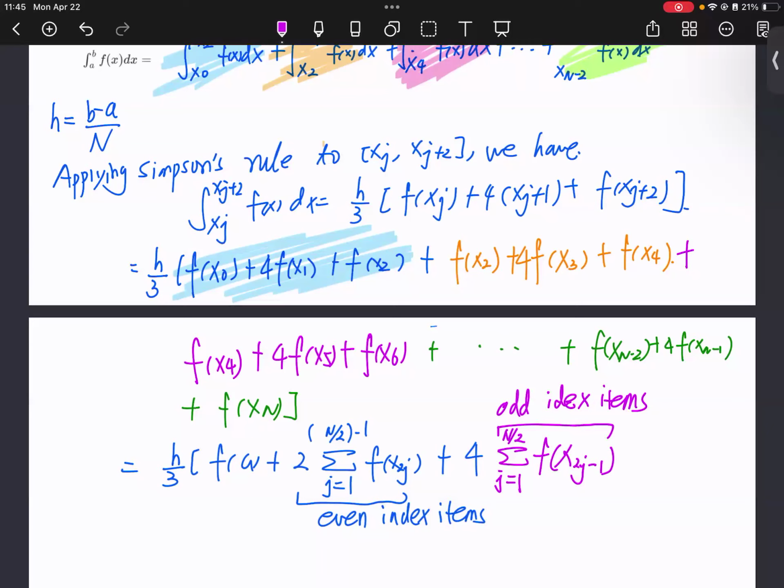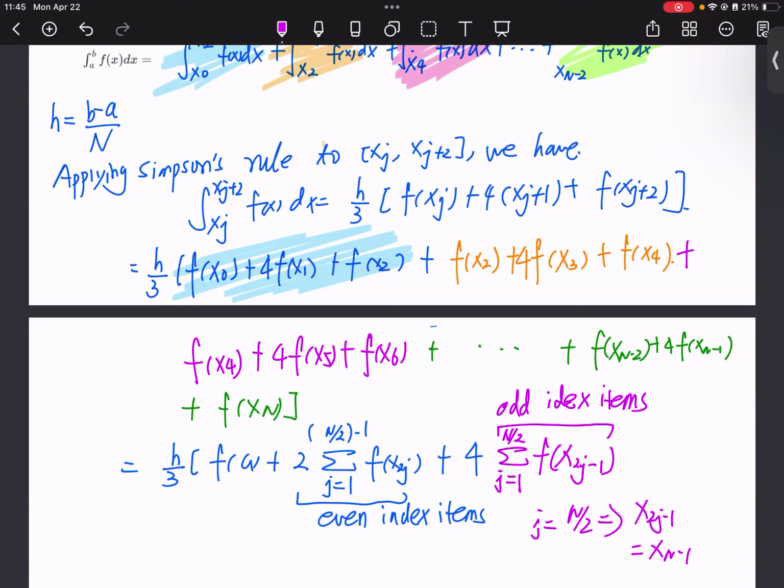And if you take a look here, if I substitute j equals 1, it's just 2 times 1 minus 1, and this equals 1, and it's corresponding to the first odd index term. And if I substitute j with n divided by 2, it's corresponding to x(n-1). Does that make sense?